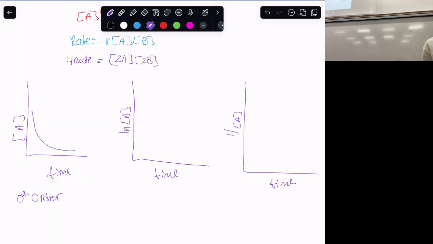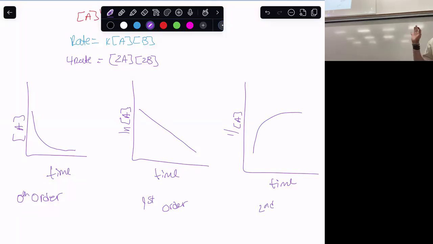If we have the log of the concentration, and that gives a straight line, what order is that one? That's first order. What do you think 1 over concentration is? It's a positive slope, and what order does that correspond to? Second order. So that would look something like this. Which one of these produces a straight line?